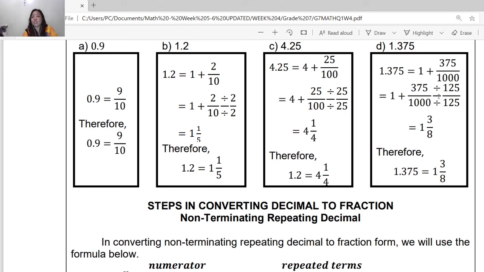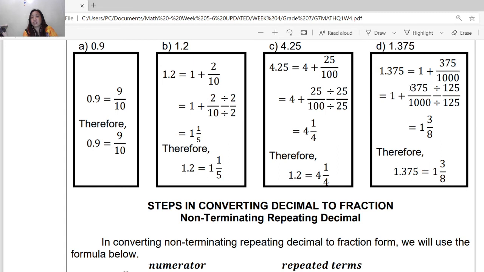The same process here, retaining the whole number 1 there, and 375 is written over 1. Since you move 3 places to the right, you will add 3 zeros here.